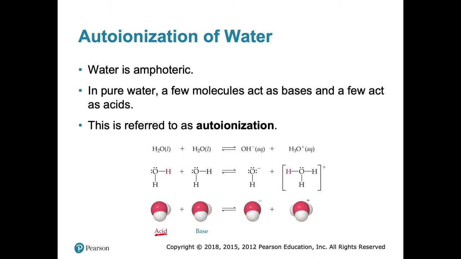So its conjugate base pair is this one over here. And then the one that's receiving the proton, this base right here, that water molecule too, this over here is its conjugate acid.